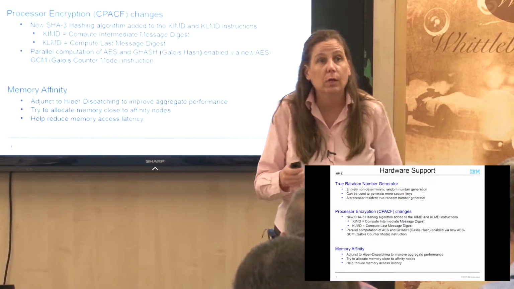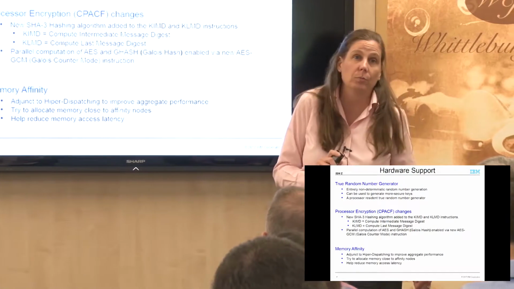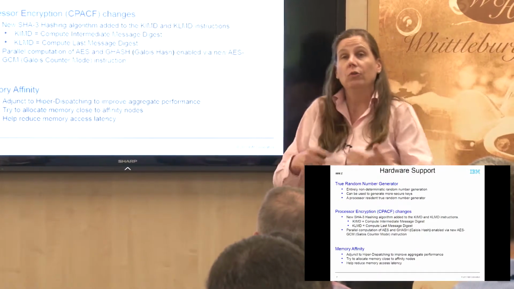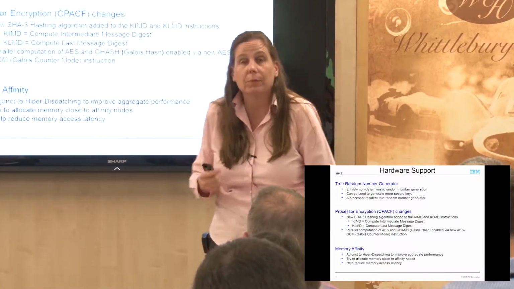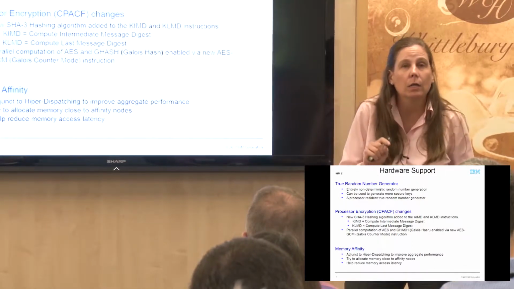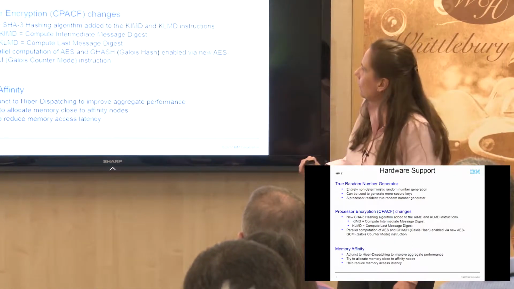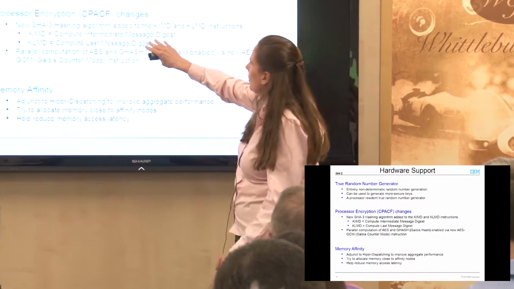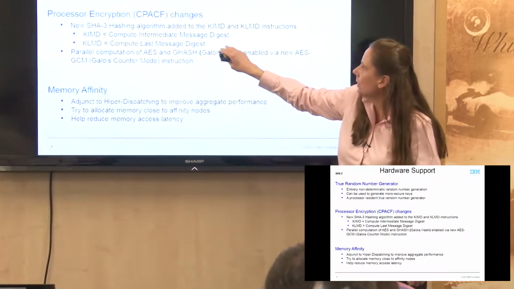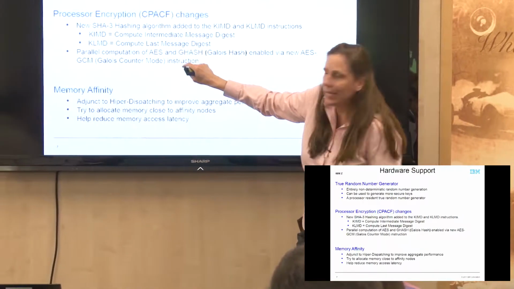We have a true random number generator support within the hardware, and we have also surfaced that up through the operating system so that other people above the operating system can use the true random number generator, and you'll see later on Java is an exploiter of that as well. We have more processor encryption changes. So we have new SHA-3 hashing algorithms, KIMD and KLMD.